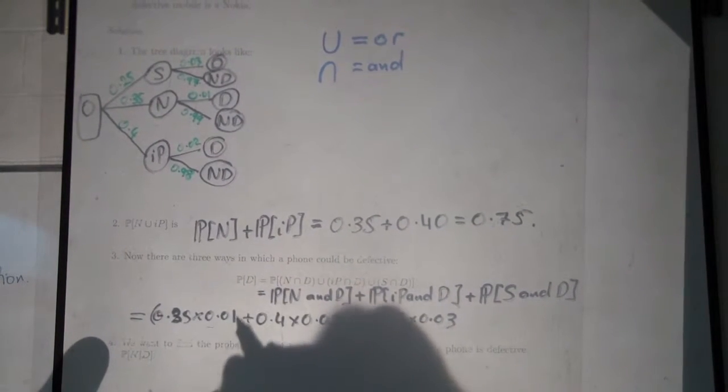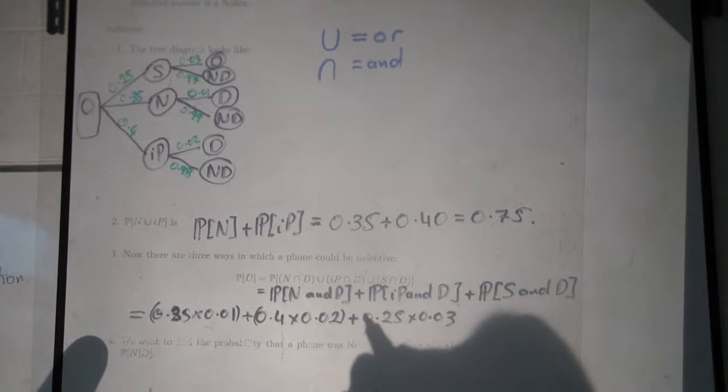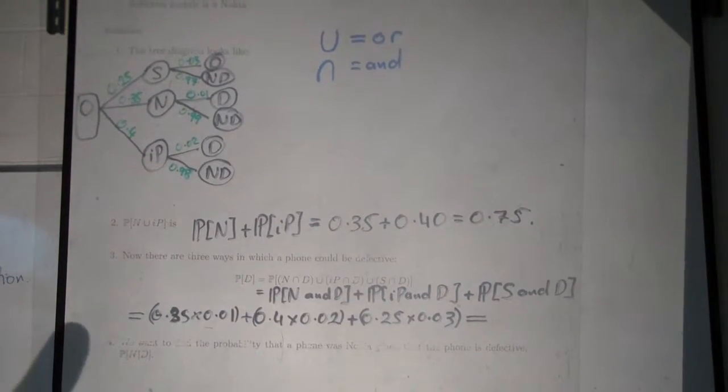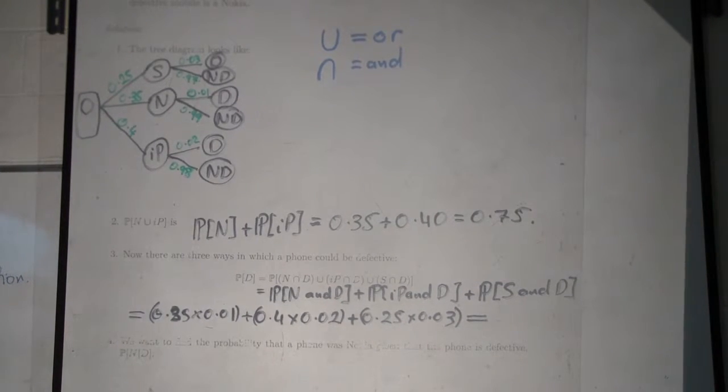And I should probably put brackets on these. You don't have to, but just to make it a bit easier to see. Now, this we can get exactly right. A lot of the time, you're going to have to make decimal approximations. What I want you to do, if possible, is use 4 significant figures.